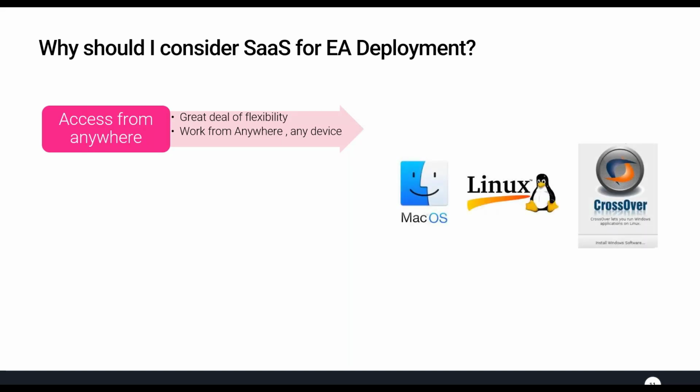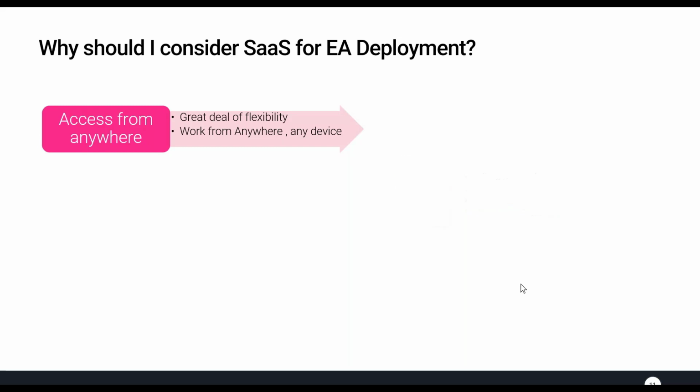This has been a significant showstopper for people who've been using Mac or Linux in the past, where we heavily rely on things like CrossOver and Wine to install and start using EA. Now with such a SaaS offering, all you need is a browser and a link, and you get started with it instantly. So that's one significant advantage.